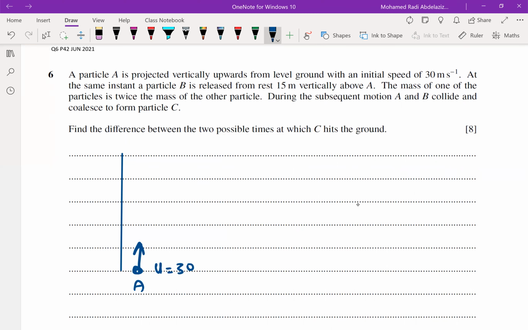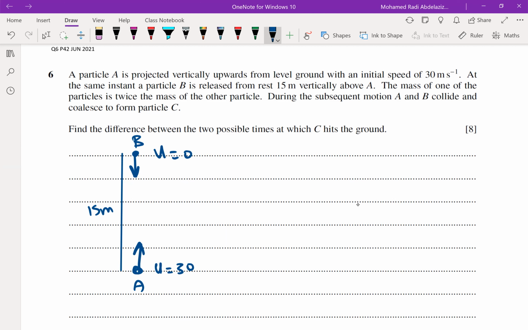At the same instant, particle B is released from rest, 15 meters vertically above A. This is particle B. Released means u is equal to 0.